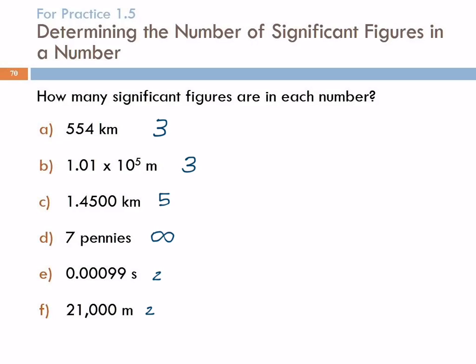Yes? Can you explain further D? D, the 7 pennies? Infinite. Because there's no uncertainty. So here's 1 penny, 2 pennies, 3 pennies, 4 pennies, 5 pennies, 6 pennies, 7 pennies. Is there any uncertainty in how many purple circles I drew on the board? No. So where's the uncertain digit in 7?